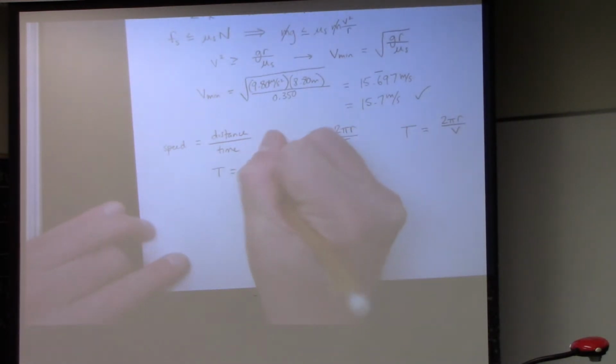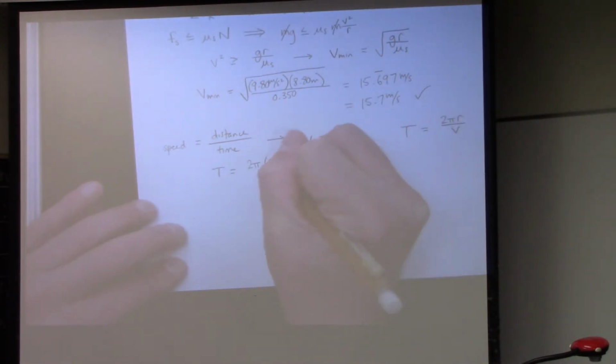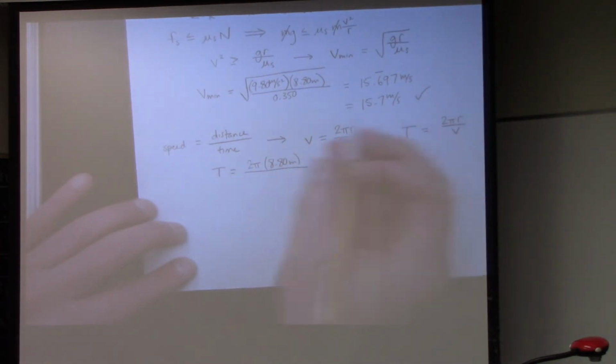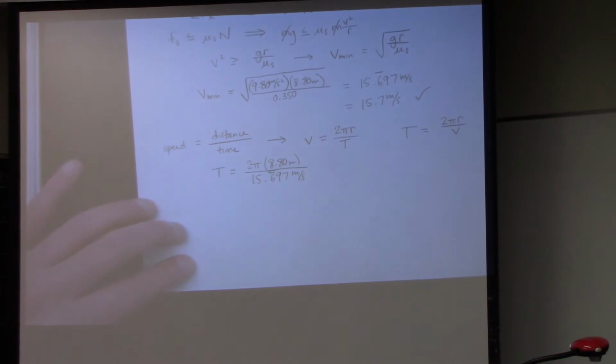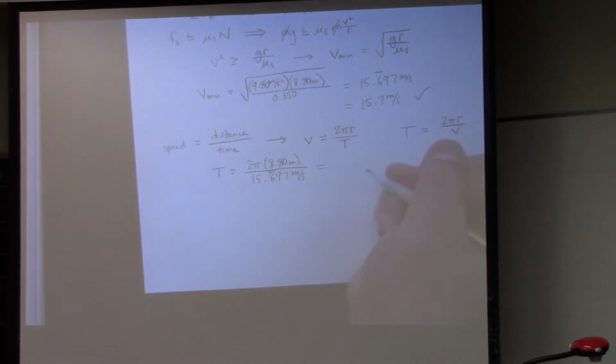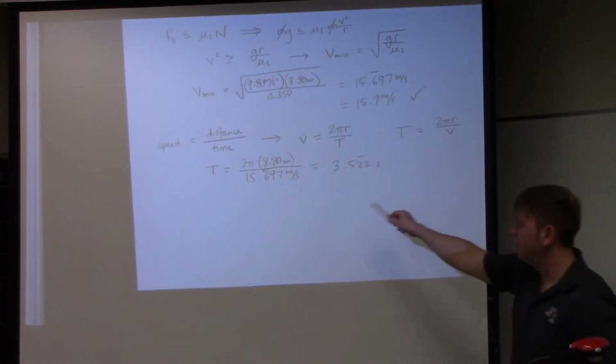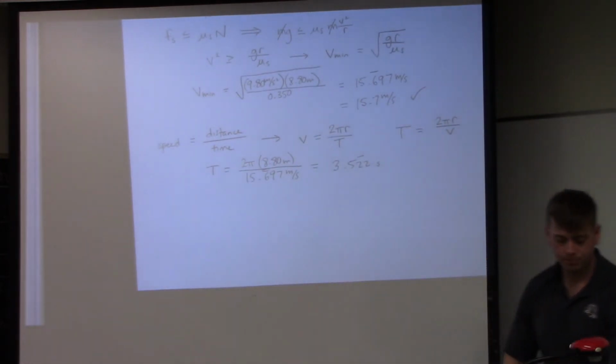So we have 2 pi times the radius, which again is 8.80 meters, divided by this v, now 15.697 meters per second, keeping 3 sig figs. When we make this calculation, we get the period, which is 3.522 seconds. That's how long it takes the ride to go around one full time.